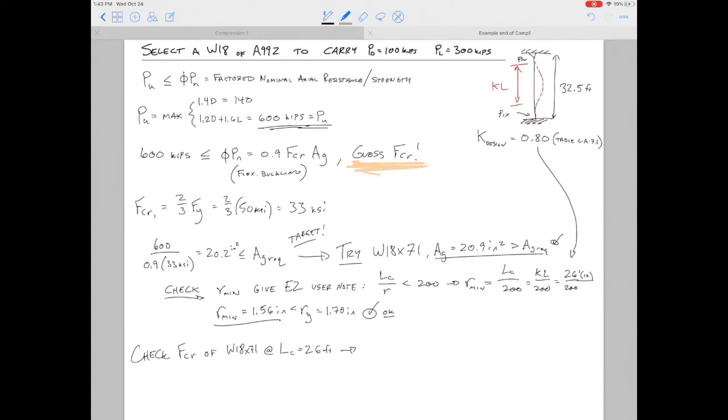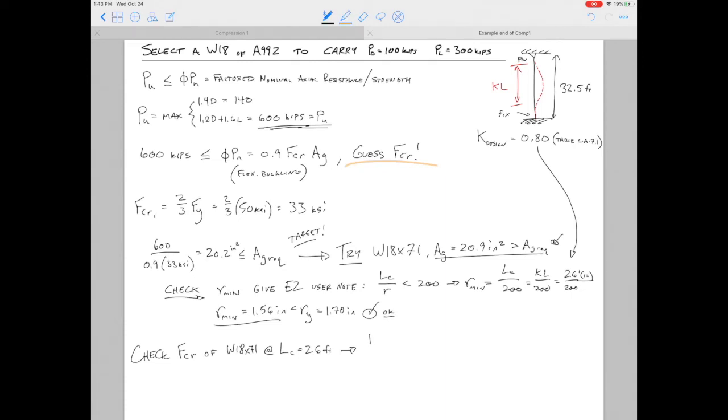I don't actually know that this thing has exactly the same F critical that I guessed, 33 KSI. That guess gave me a target that led me to this, but now I need to close the loop. I need to confirm my assumptions.